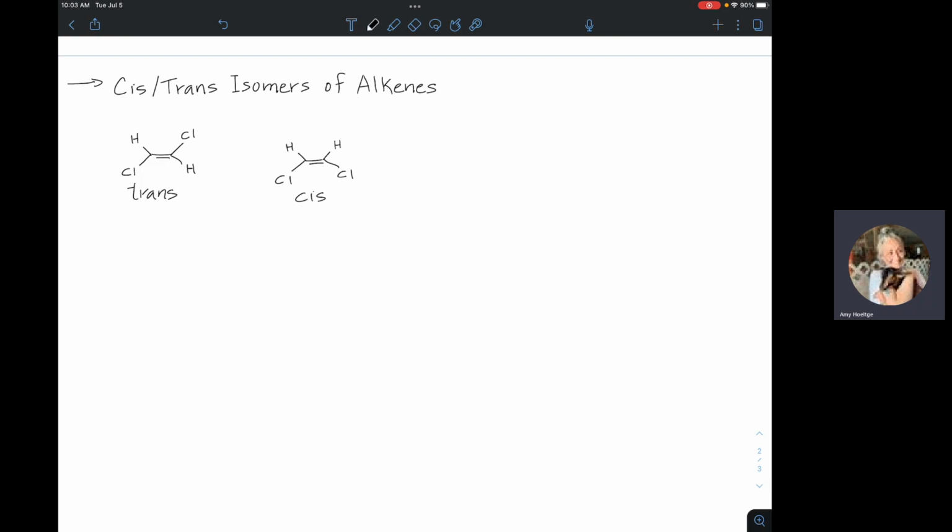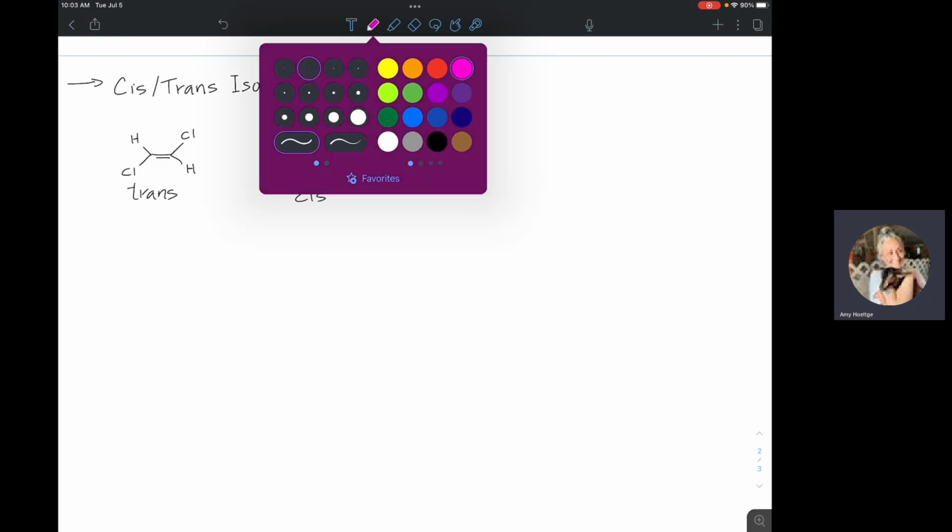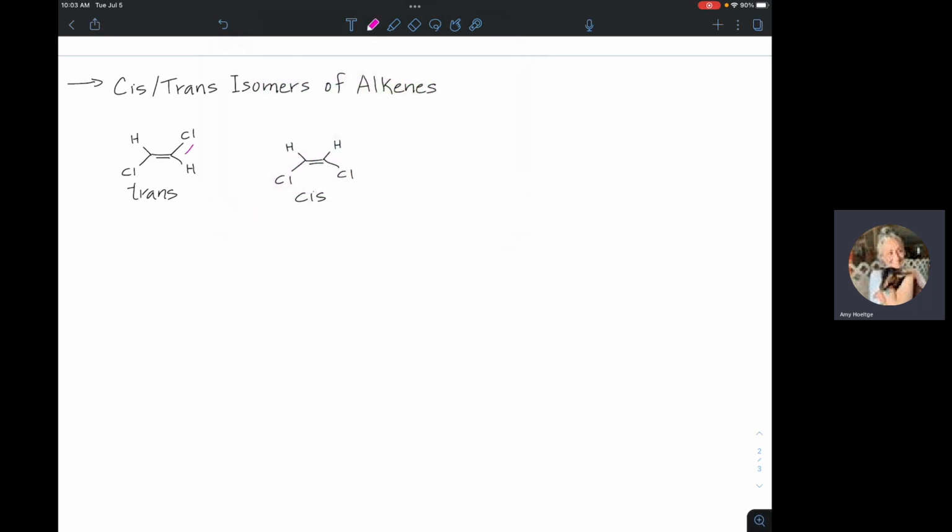With the trans isomer, we have a situation where, and I can draw these in for a sec if you like, we have a dipole moment going in opposite directions here, whereas on the cis isomer, these are going to add together.